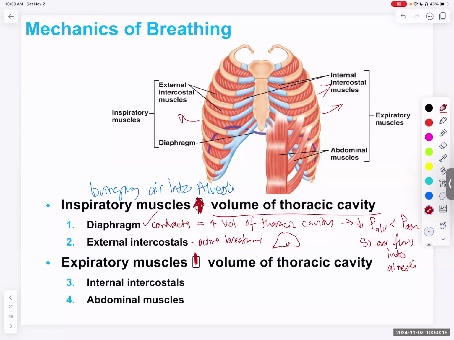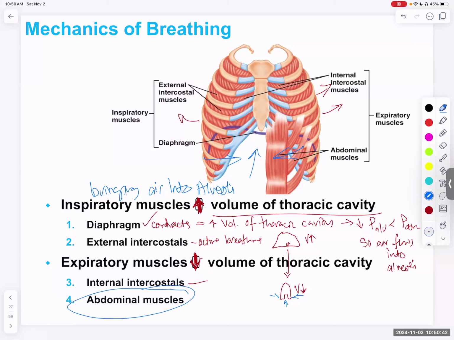If we want air to flow out, we decrease the volume of the thoracic cavity. So it goes from this to this, and now the volume has decreased. We're using the internal intercostals, which push in, and then the diaphragm has come back up. The diaphragm up, intercostals in.